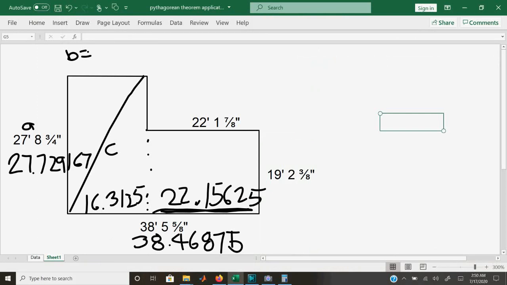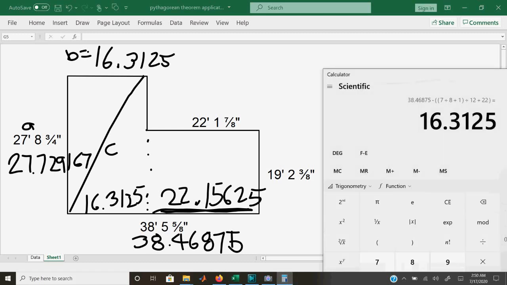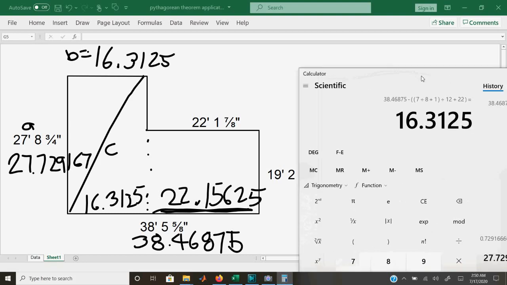And then as a result, my b is equal to 16.3125. So now I've got my two sides. I have my two sides in the calculator. And I'm going to go ahead and work with them in the calculator.